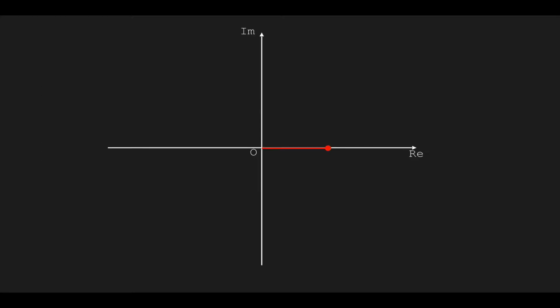In short, in the complex plane, e to the power of i theta is equivalent to rotating a line on the real axis of length 1 by theta radians anticlockwise. So in the complex plane, angle theta equals e to the power of i theta. If we multiply this number by r, we just extend this line accordingly. Thus, we let our complex number z be r e to the power of i phi.